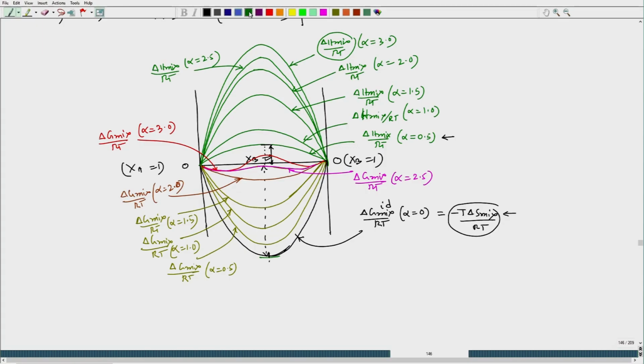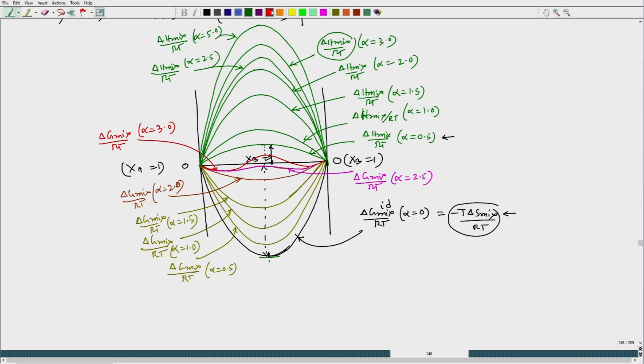But we have to answer this point. Let us say that delta Hmix by RT is extremely positive, very high. So, let us say it becomes like this. This is delta Hmix by RT with alpha equal to, let us say, 5.0.